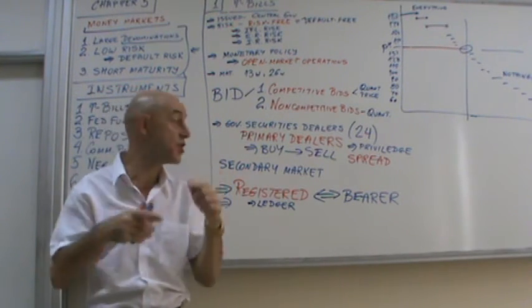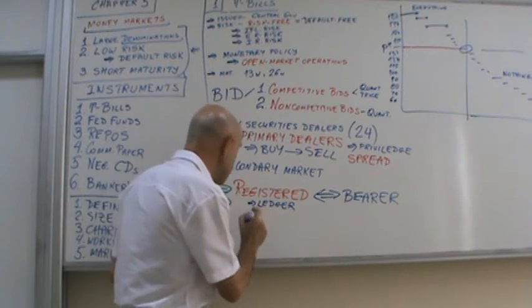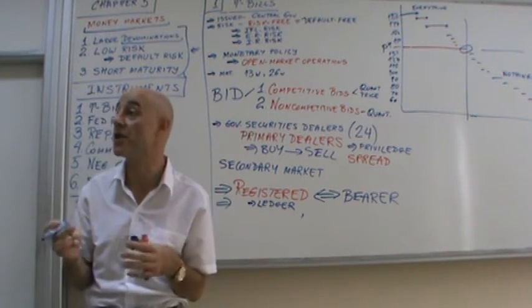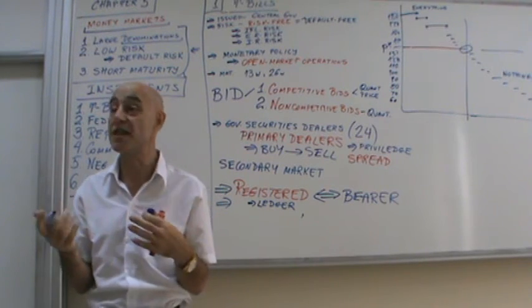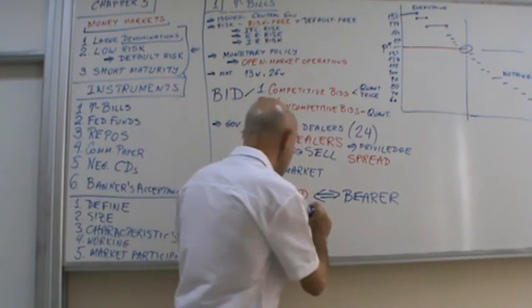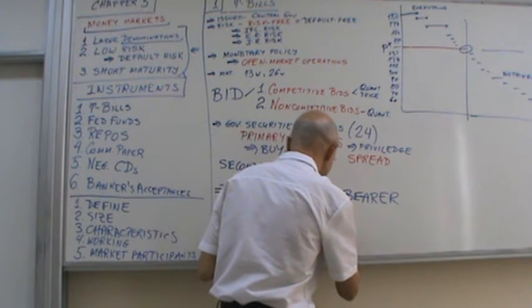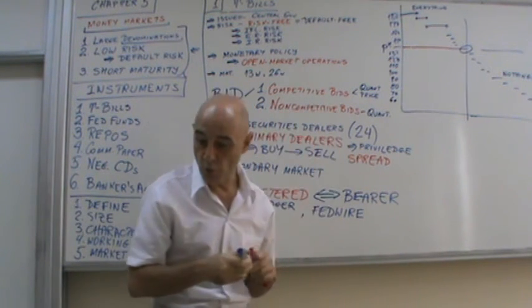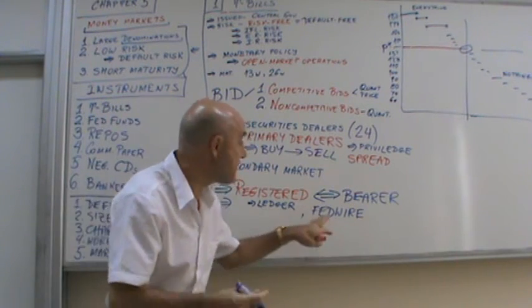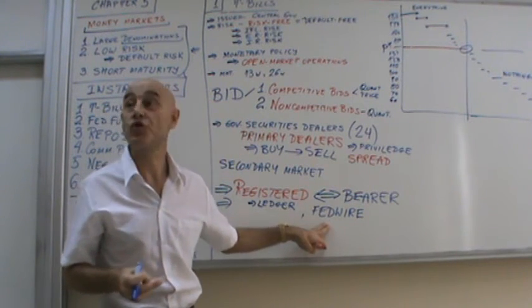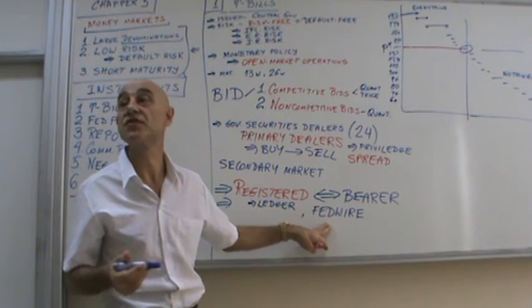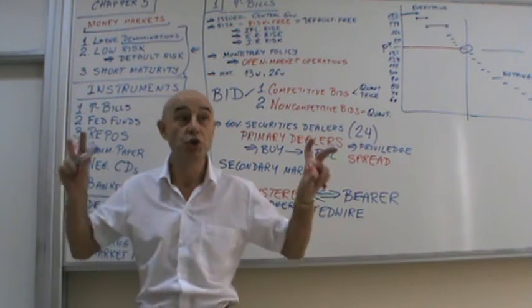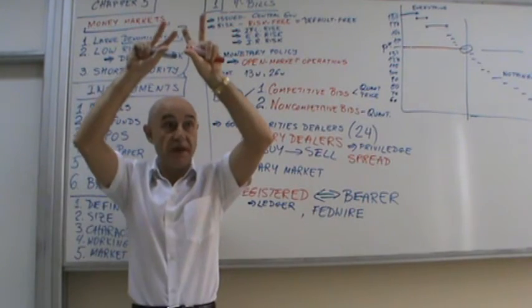And the register is changed by, this is a system specific only to the United States, but other governments will use similar systems of their own, called FedWire. FedWire is the Federal Reserve's transfer system, a transfer of title, transfer of ownership system. Basically, two banks, members of the Federal Reserve.